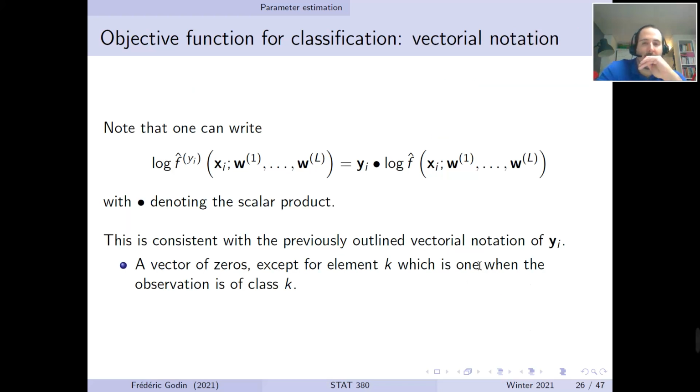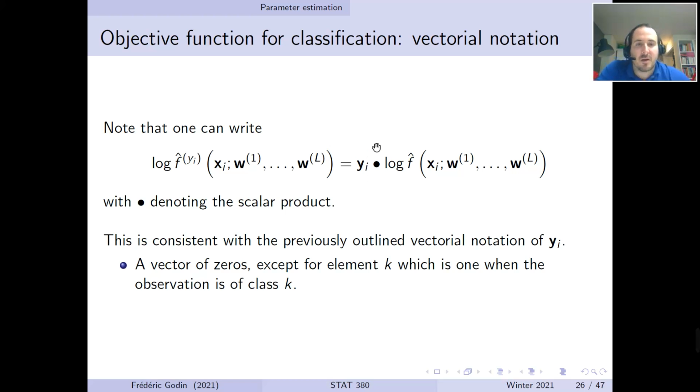Another way to represent the estimated probability of being in class y given your vector x, the log of that probability, for observation y_i, can be represented simply as the vector y_i. This is a vector of zeros except one at location k, where k is the class of observation y_i.